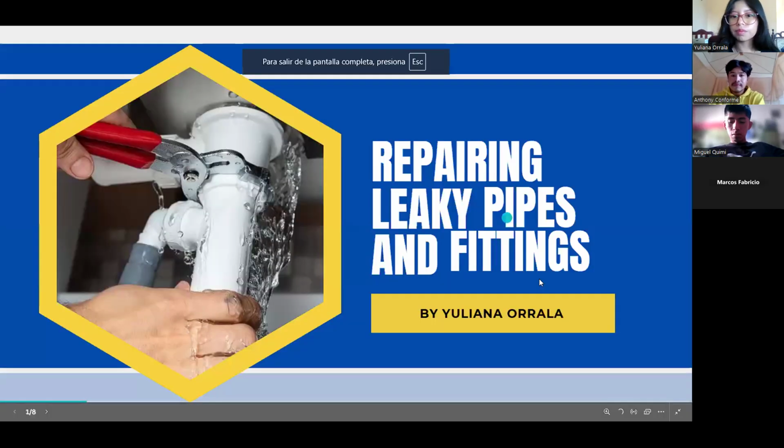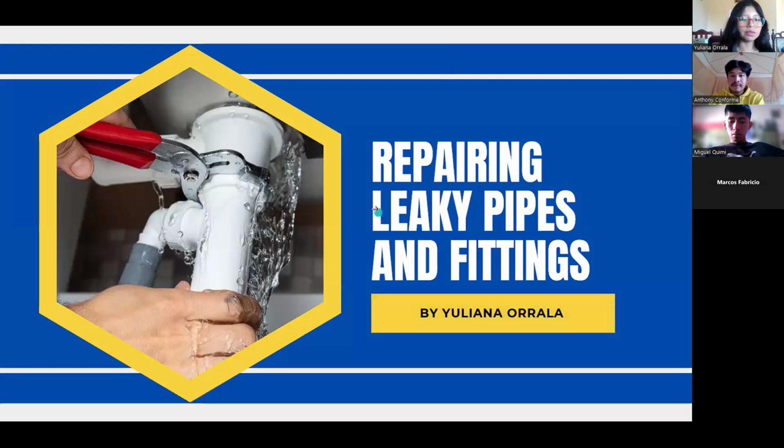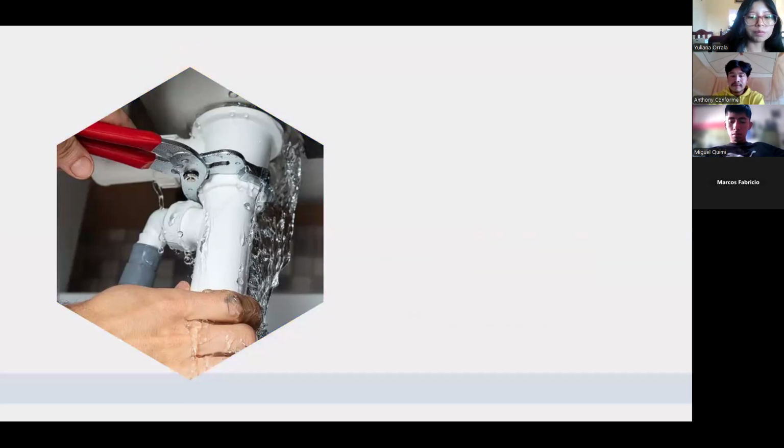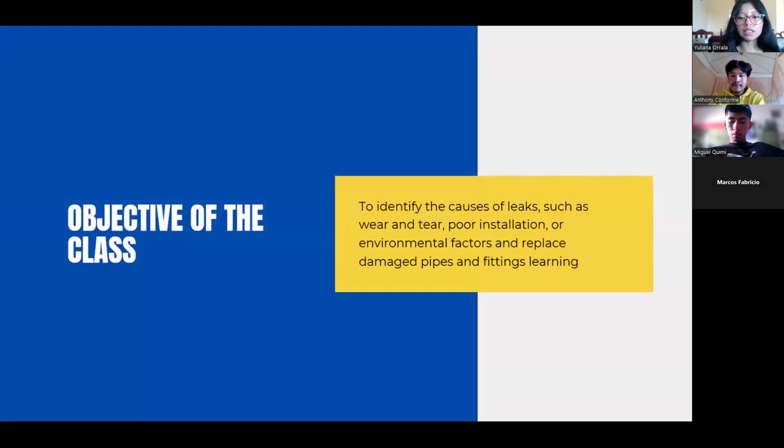The topic today is repairing leaking pipes and pipe fittings. The objective of the class is to identify the causes of leaks, such as wear and tear, poor installation, or environmental factors, and replace the main pipes and fittings early. You are going to understand the correct implements and tools to use.